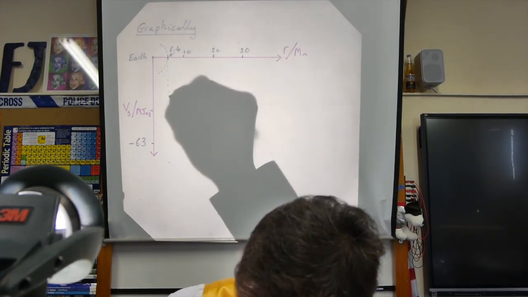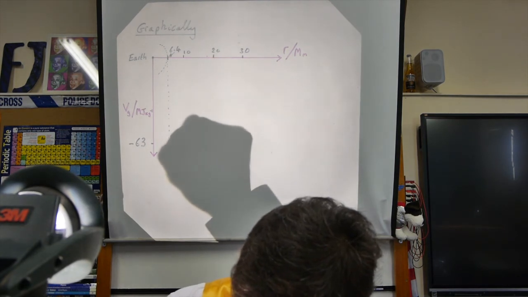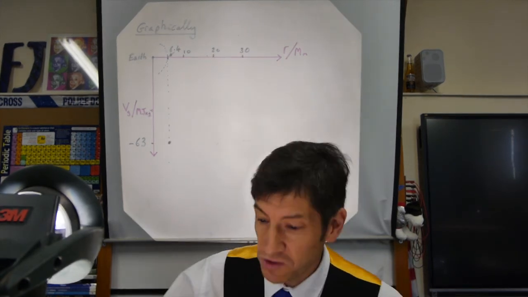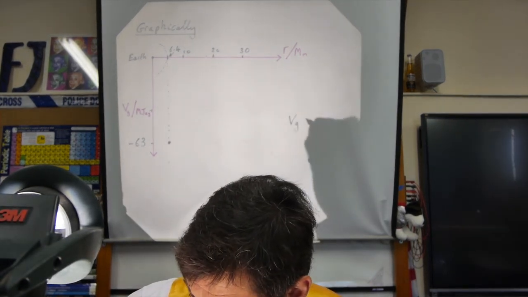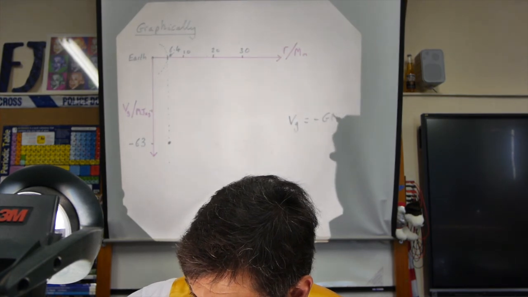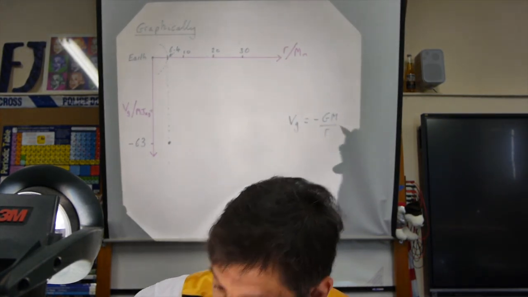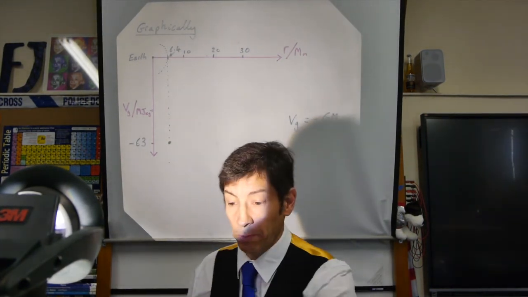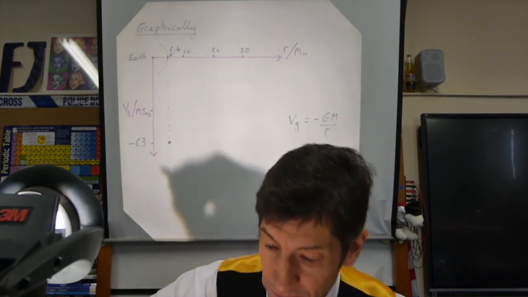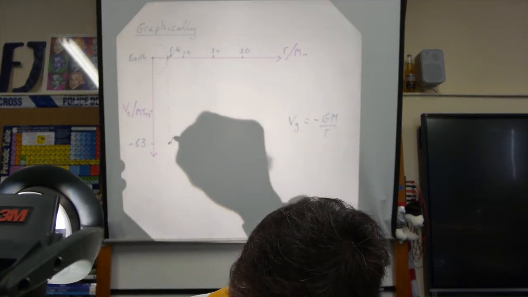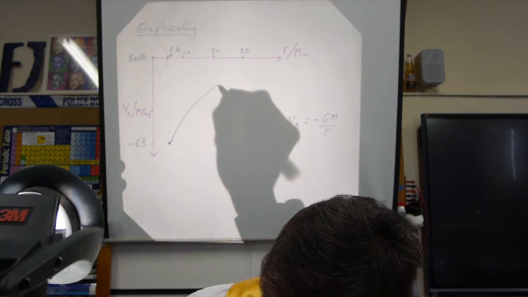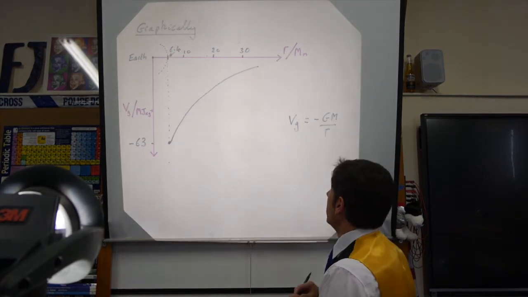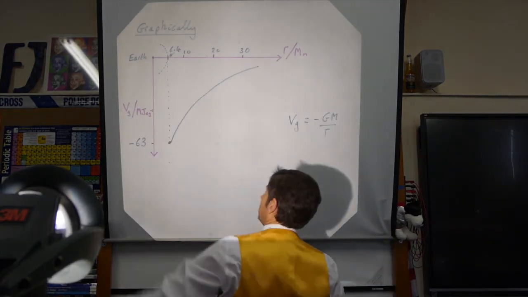I'm just going to come down like this and say we know the gravitational potential at that point, and we also know that Vg is equal to minus Gm upon r. So we can draw a curve that kind of shows this relationship, a dropping off with 1 over r. I'm not drawing this accurately or doing any numbers, I'm just doing it diagrammatically, because if you calculate it, I might not be quite in the right place.